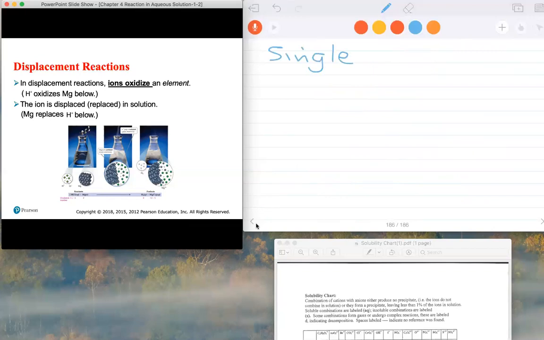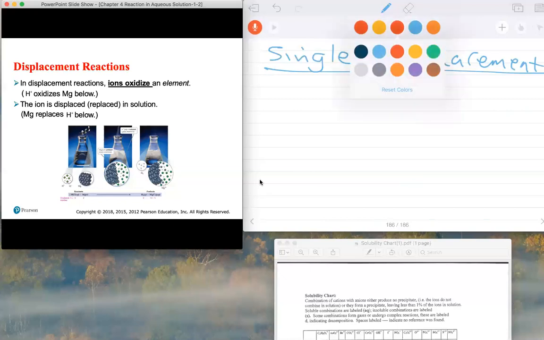Single replacement, displacement. You displace something, you replace. It's the same thing. Don't get confused. You may see displacement or replacement. It's the same thing. All right. Replacement or displacement is the same thing.